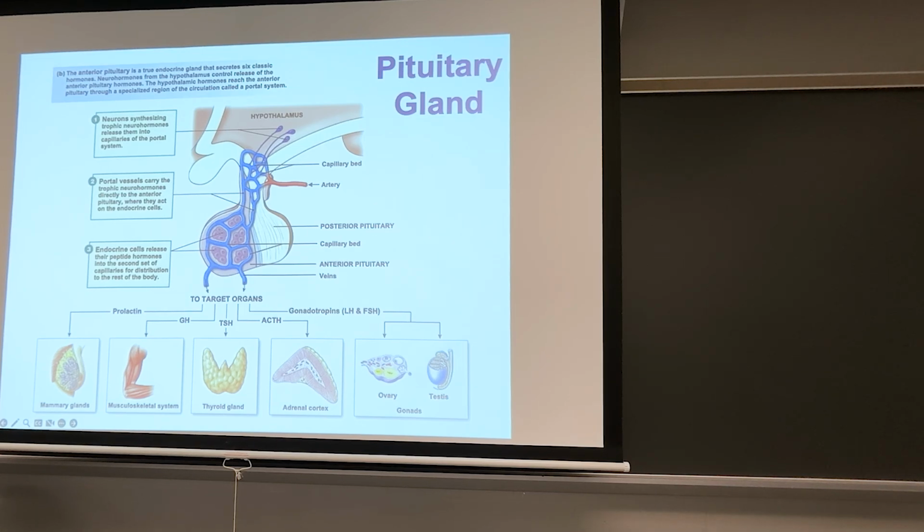The nerves just grow out and form a ball of tissue that's called the posterior pituitary, or it has a big long name, neurohypophysis. Hypophysis, as you'll see in a minute, means pituitary. If you put neuro in front of it, then it's the nervous pituitary. So the posterior pituitary is an outgrowth of brain tissue, or of the nervous system.